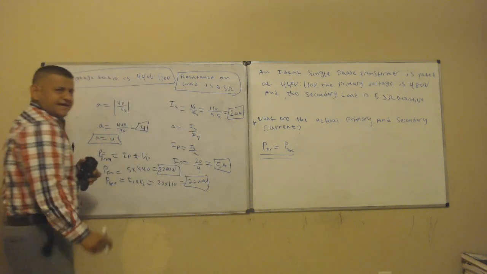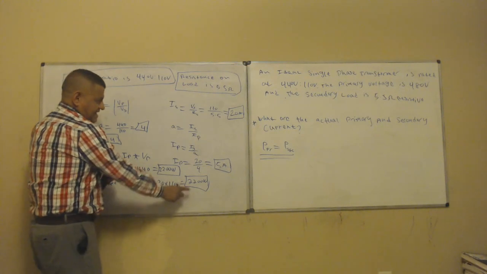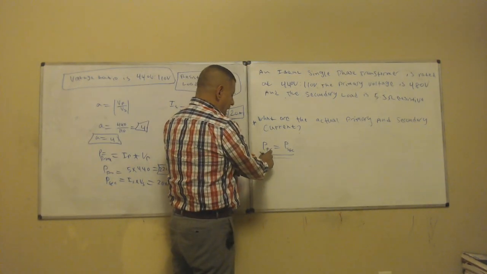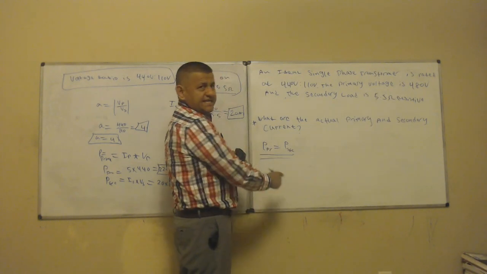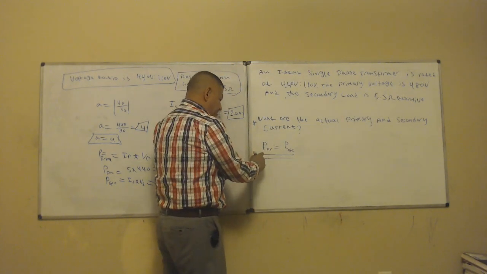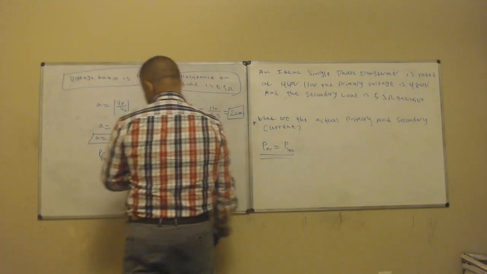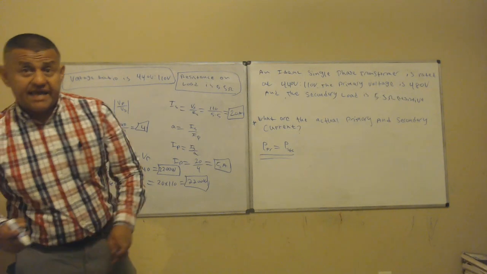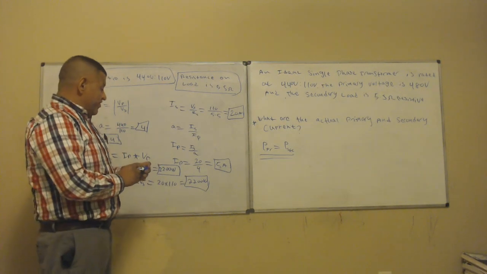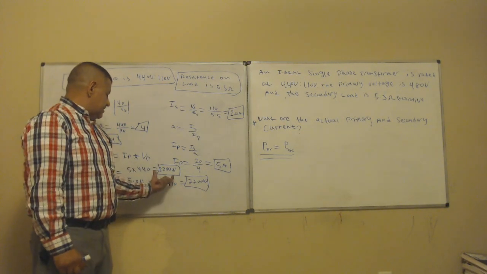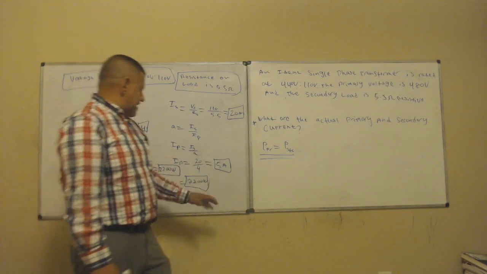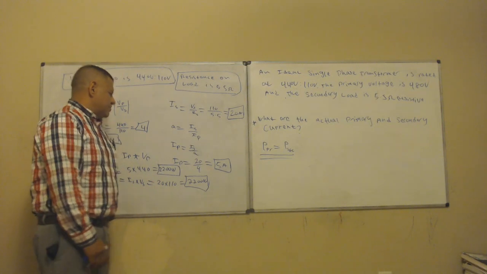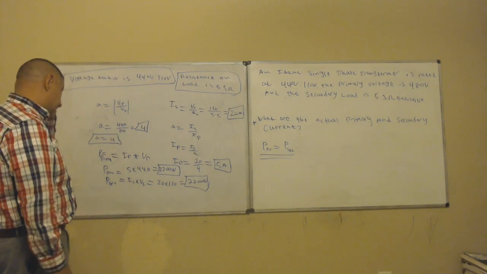That's why I say the power of the primary is equal to the power of the secondary. Once you can prove that, if you have the right answer, you will know that this makes sense. If the answer does not certify this, the problem is wrong, the answers are wrong.